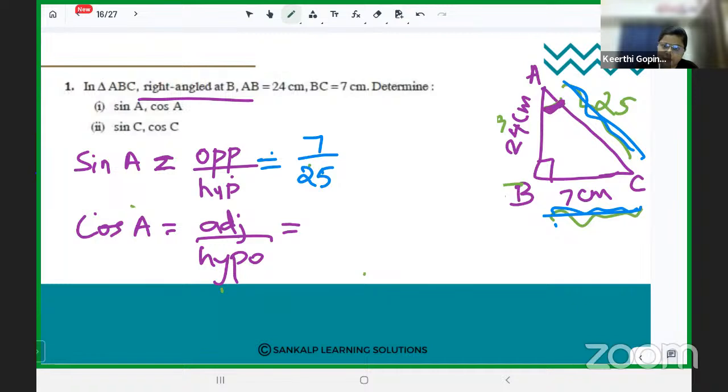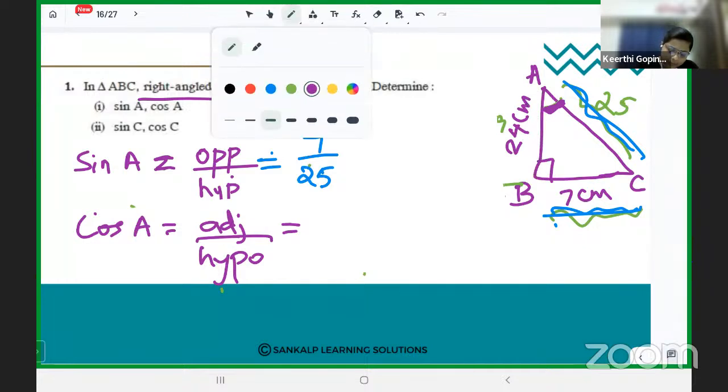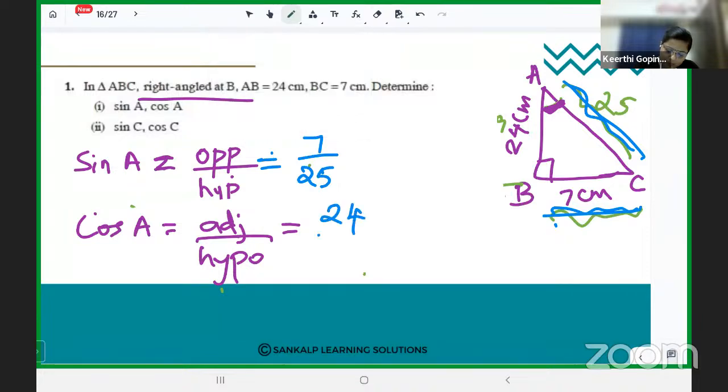This is angle A. With respect to angle A, this one is the adjacent side, right? So what is the measurement of the adjacent side? It is 24 by, what is the hypotenuse? We have already obtained it as 25. So cos A is nothing but 24 by 25.